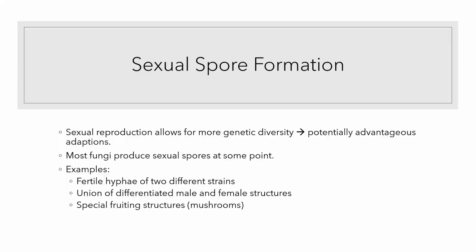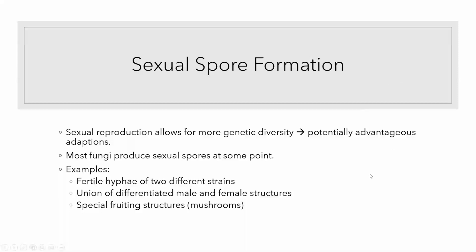It's really easy to get lots of copies really quickly, but they're all going to be clones of each other. As opposed to sexual reproduction, where you get more genetic diversity because you're shuffling the gene pool and getting half the chromosomes from mom, half the chromosomes from dad. I guess there's not mom and dad fungi here, but half from one individual and half from the other, shuffled together, and you get more genetic diversity.